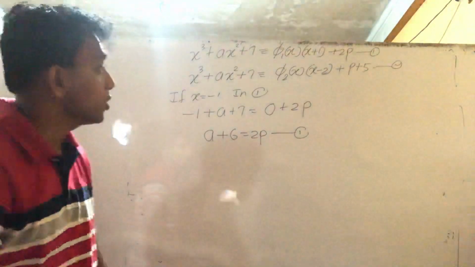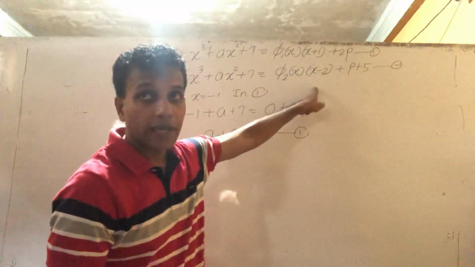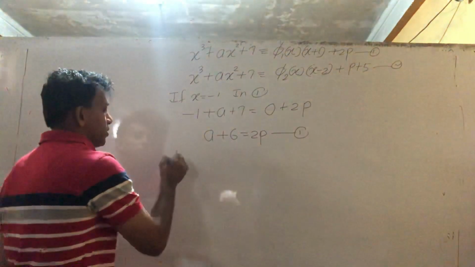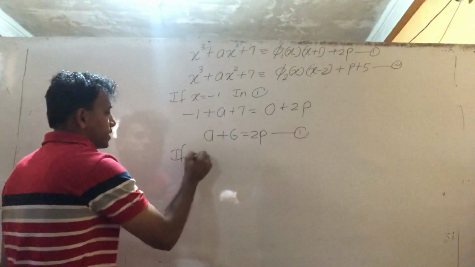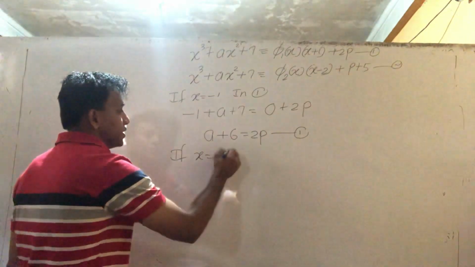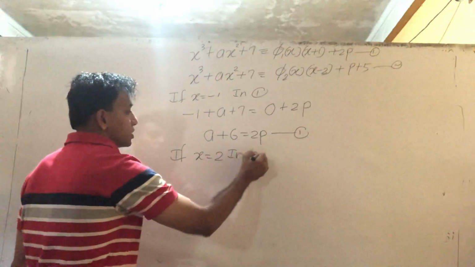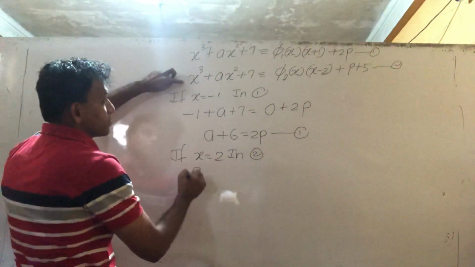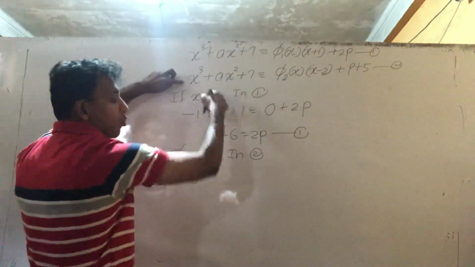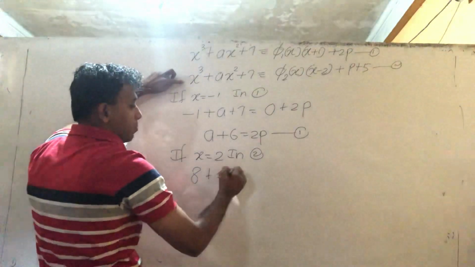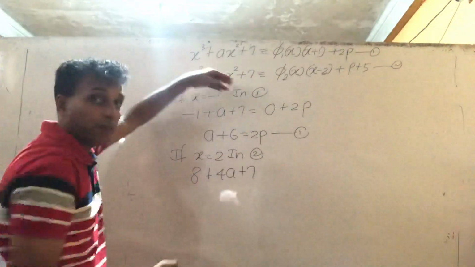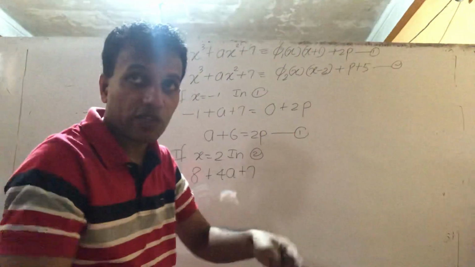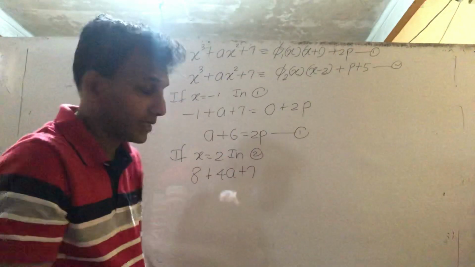For the second equation, make x equal to 2. If x equals 2 in the second equation, here 8 plus 4a plus 7. These are school exam questions for the first term in your grade 12 lessons.